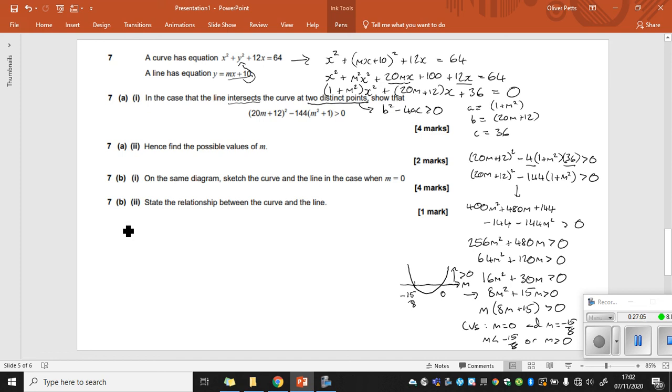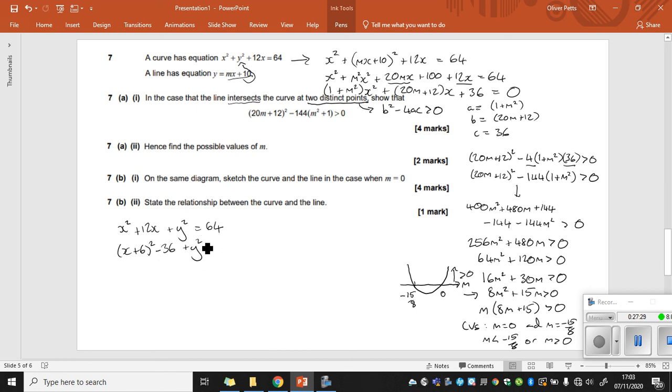So let's just bring the two x components together. So we've got x squared plus 12x. I'm just going to write those together. I've got a y squared, which is the only y term, and then I've got equals 64. I'm going to complete the square for the x term. So I'm going to have an x plus 6 all squared. That generates a 36, which I don't want, so I'm going to take that away. I've got a plus y squared, which I'm going to leave as it is.